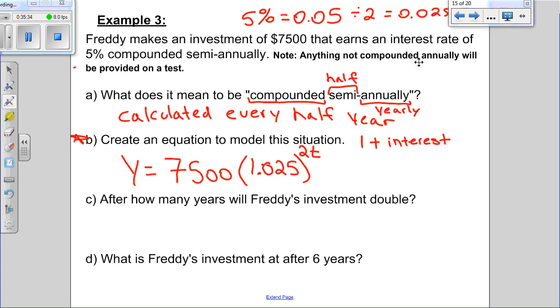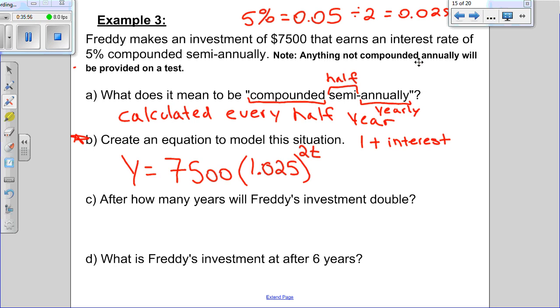All right. C. After how many years will Freddie's investment double? It's a good question because it doesn't actually tell you any numbers. You have to figure out what the numbers are. What does it mean if Freddie's investment doubles? It means 2 times whatever he used to have, right? That's what double means.